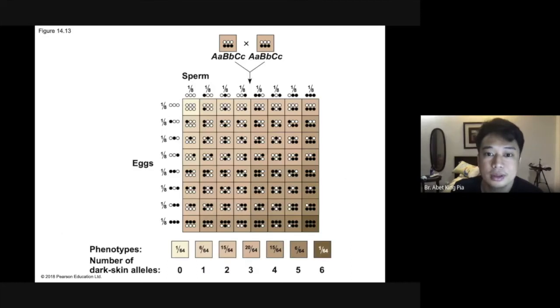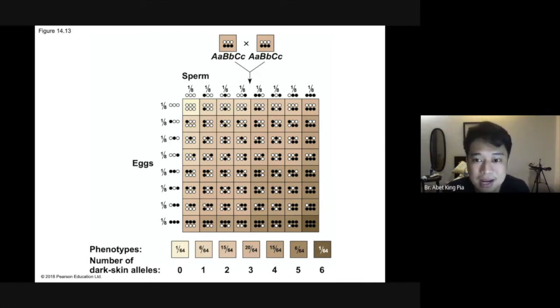So, eto yung pinakamasakit sa ulo na ginawa ko last year nung tinuturo ko tong polygenic inheritance. Yung mga dots na ito, yung nagpapakita kung ganong ka-dark yung skin na mag-a-appear sa isang tao.